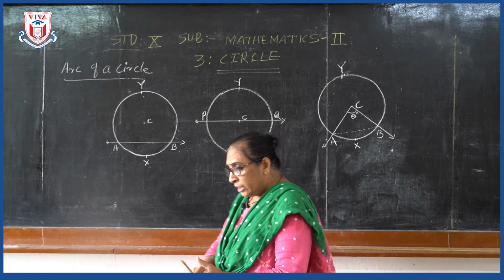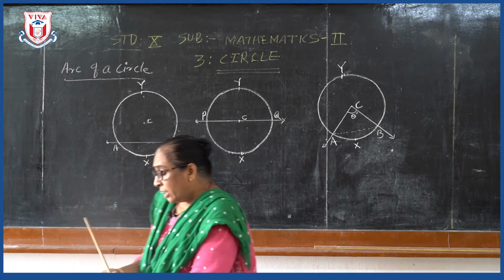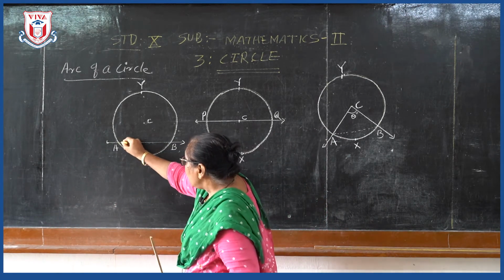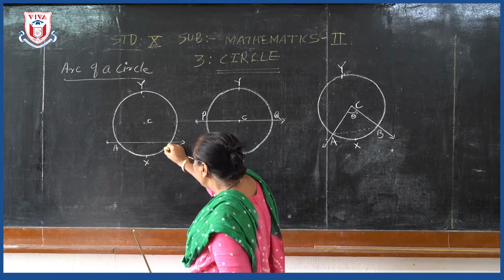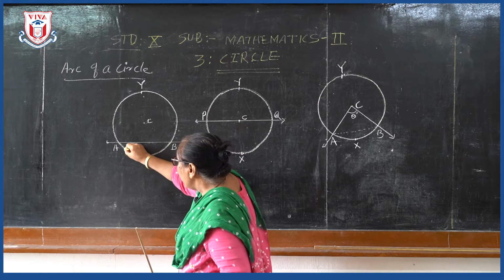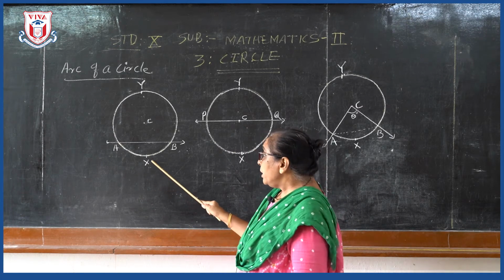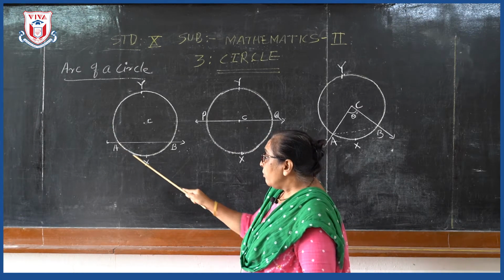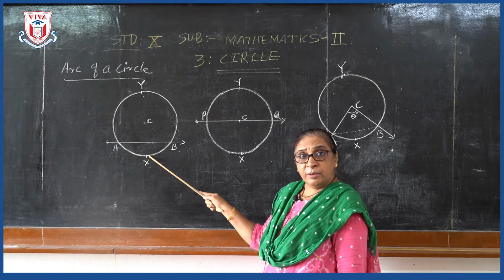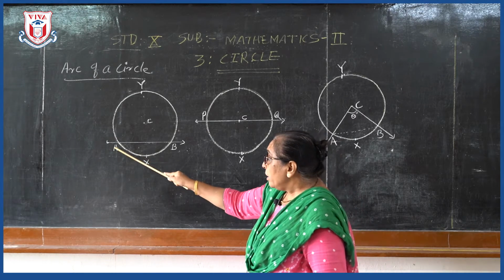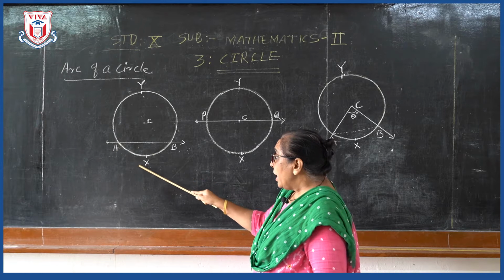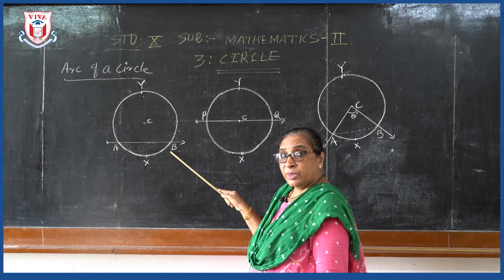If we consider these 2 parts, for example, from this A to B, this is called an arc. And how to explain this arc? You can take one more point on the circle and you can describe it as arc AXB.